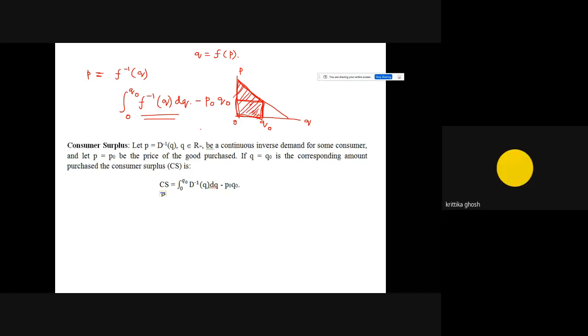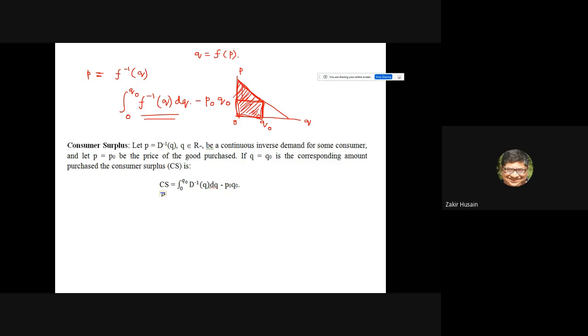Dead weight loss. Sir, maximum willingness to pay means that is the reservation price for each quantity, the maximum I am willing to pay. There's a very simple way. It's not a dead weight loss. Yeah, you can call it reservation price, but reservation price would mean one thing, one price, right?